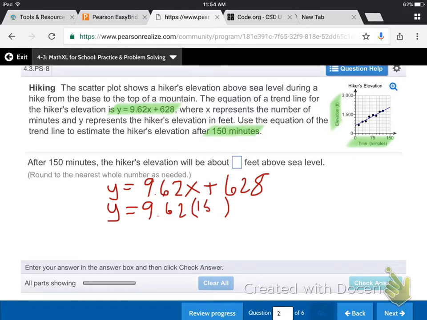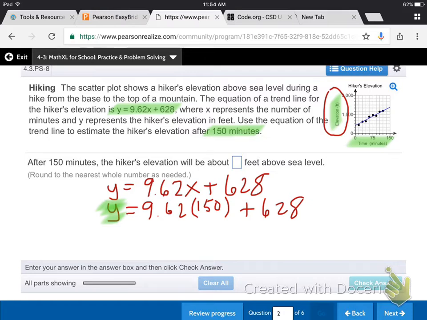So 150 goes there, and then we're going to add 628. Now let's take a moment to calculate that. And when we're done, since our equation is set up for y, that means that our elevation on the y-axis will be given once we calculate this at x equals 150. So pause the recording right now and calculate that.